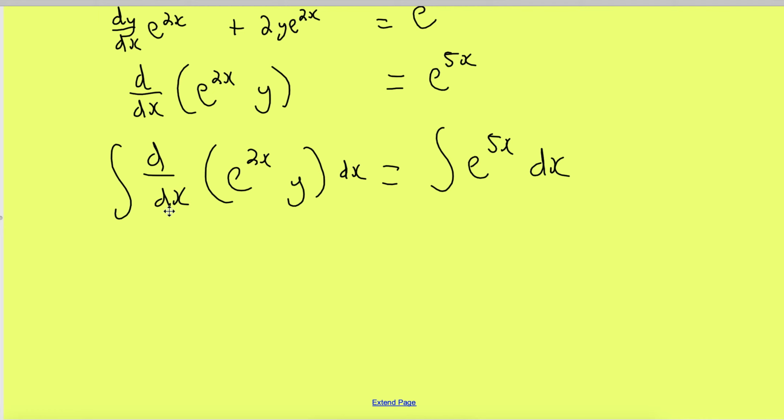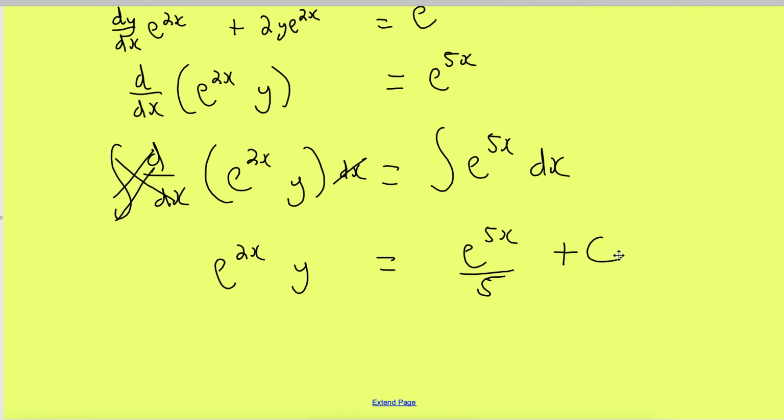Integrating and differentiating are the opposite of each other, so nothing happens. So I'm just left with e to the power of 2x y equals, and I integrate this, that gives me e to the power of 5x over 5 plus c.